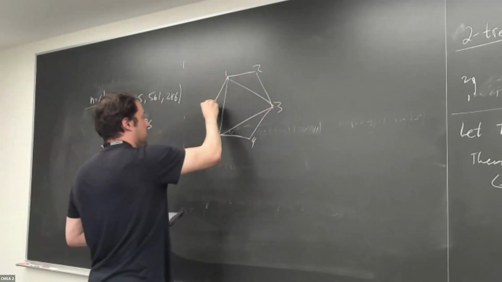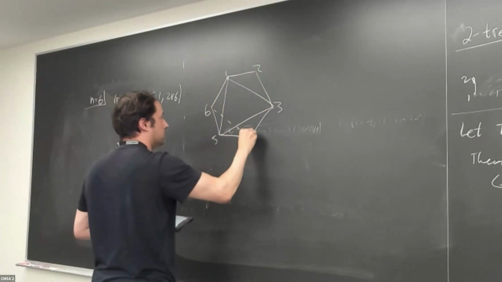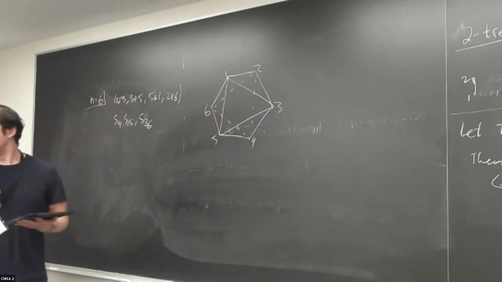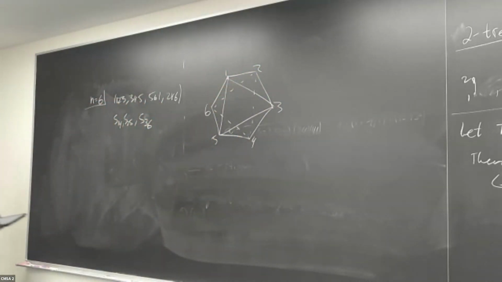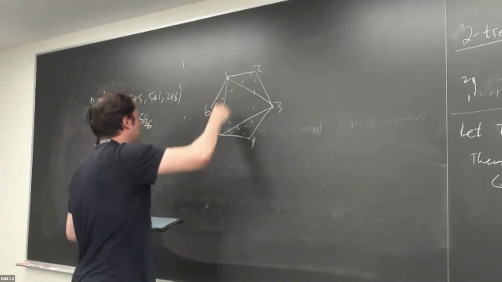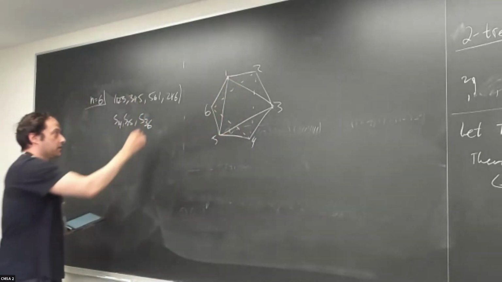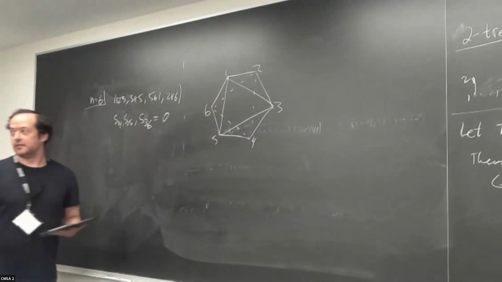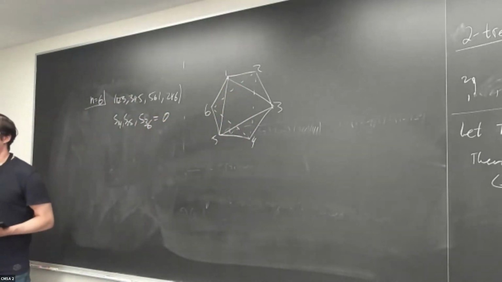So those are the triangles, and we're missing 1, 4, 2, 5, and 3, 6. If we set those to 0, we do not get a unique critical point.